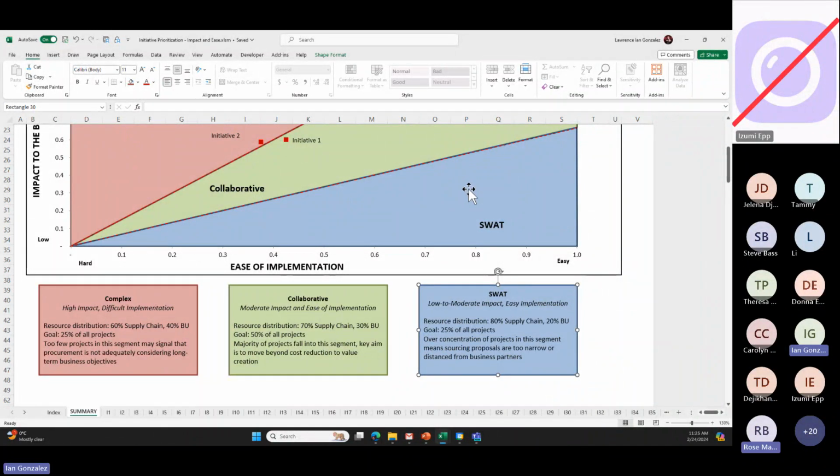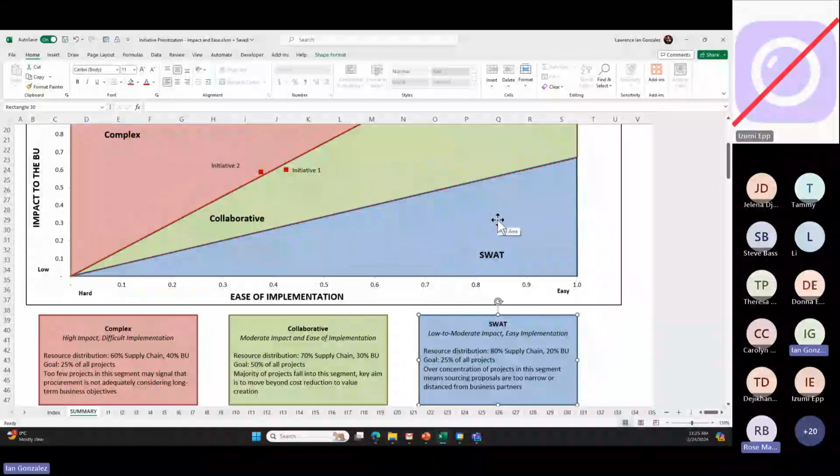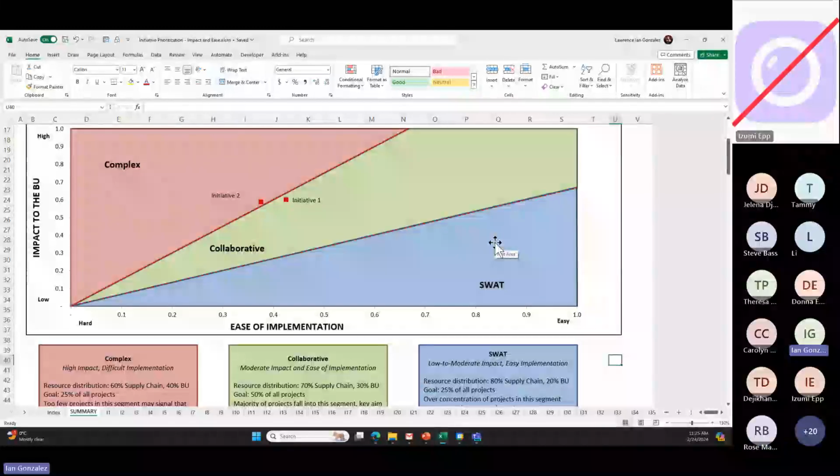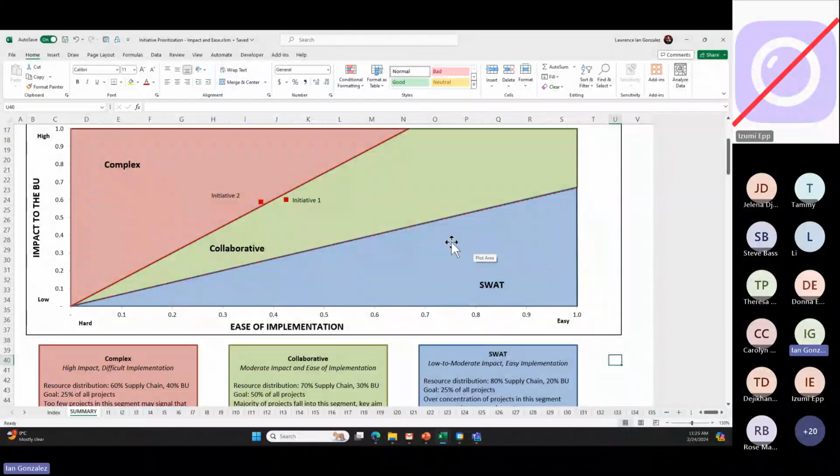Because remember, something that's SWAT is easy and has little business impact. So that's what too many dots in SWAT say. It means you're a busy organization, but you're not making the business very happy. You're so low impact to them. You're not really servicing your stakeholders. So you're not meeting their goals, so you can't have too many SWAT.